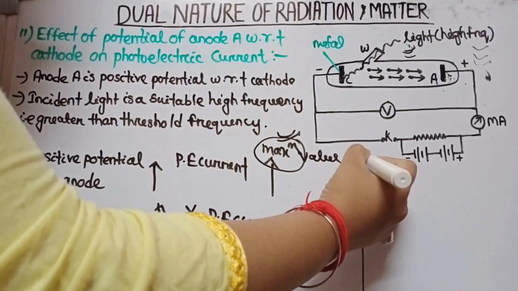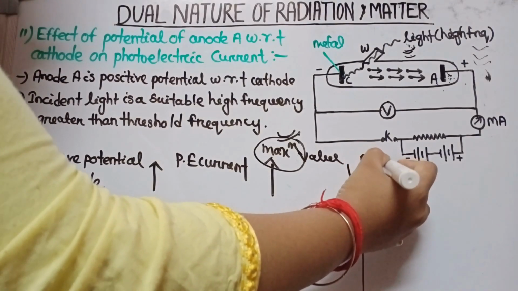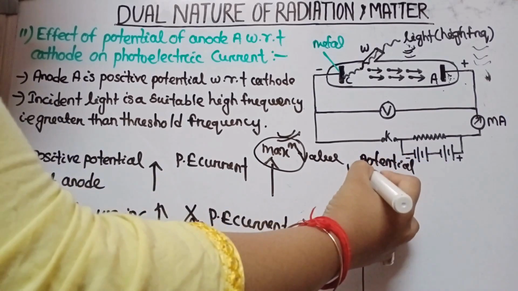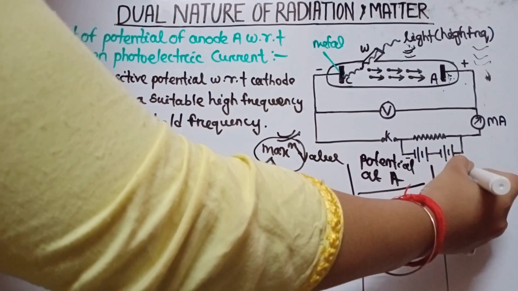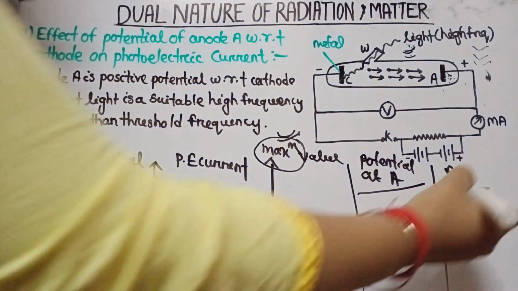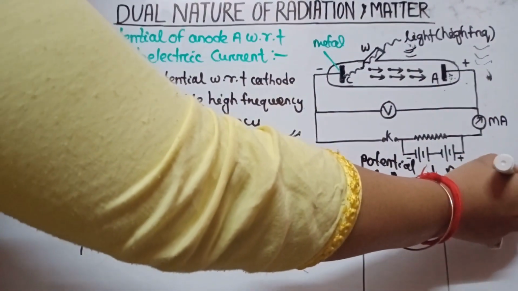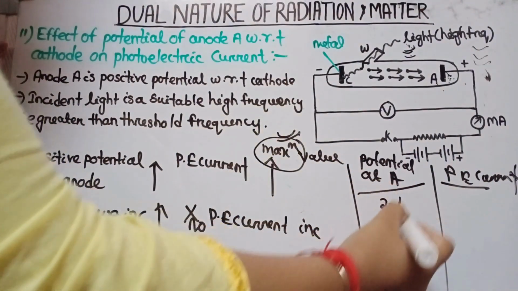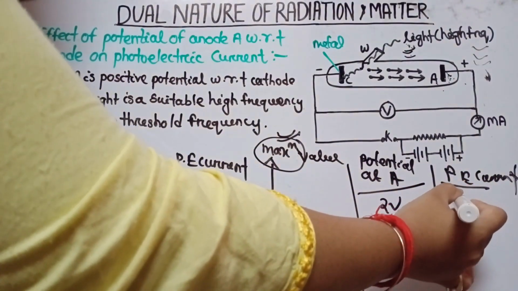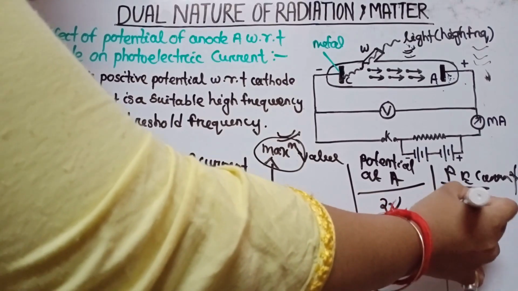So first, the potential at anode A and the photoelectric current. Initially the potential is 2 volt and the photoelectric current is 2 ampere.